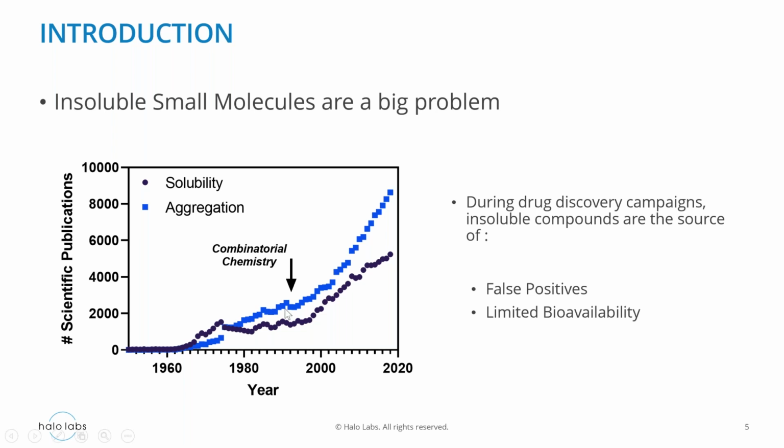And to me, it's not a coincidence that at the same time that the combinatorial chemistry libraries became available to researchers, and they started doing these high throughput drug discovery protocols, that's at the same time that there was a renewed interest in solubility and aggregation, because a lot of these new chemical entities had solubility problems that produce a lot of headaches. In particular, I'm going to be talking about false positives and also the limited bioavailability of these compounds.